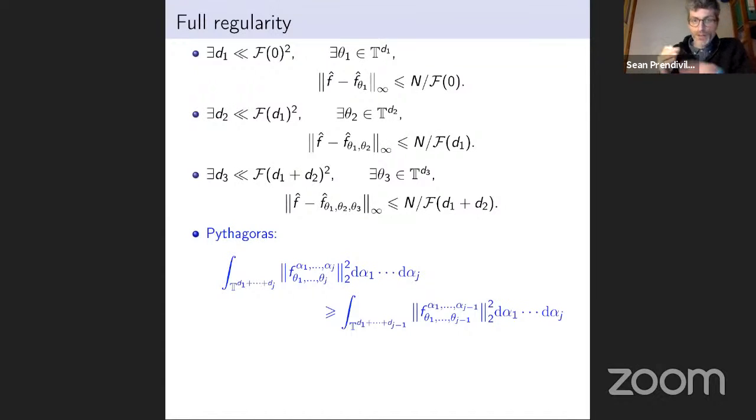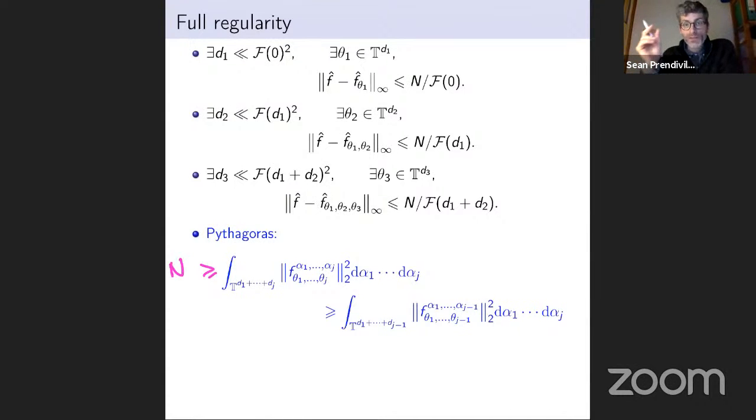So as we refine and refine this partition, we've got a non-decreasing sequence of real numbers. And because this function is a one-bounded function, this energy is bounded above in magnitude by n with our normalization. Okay, so we've got a non-decreasing sequence of real numbers bounded above by n.